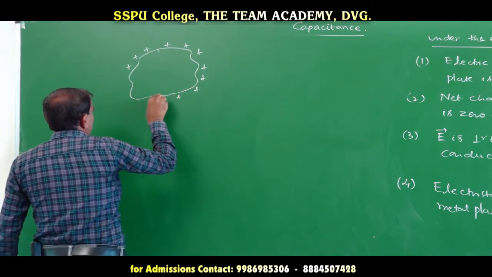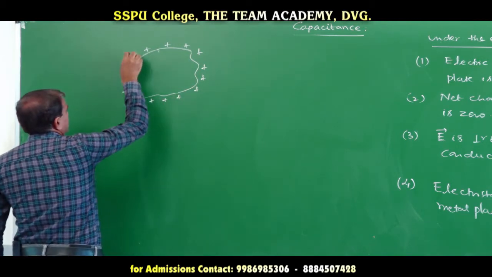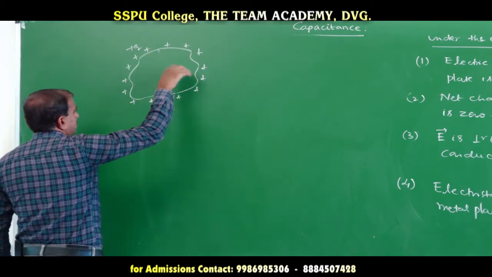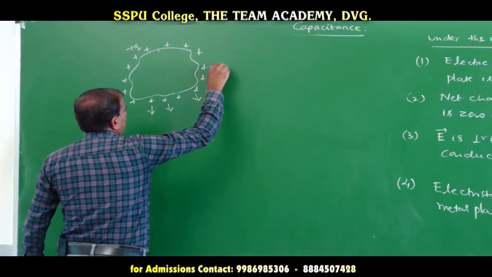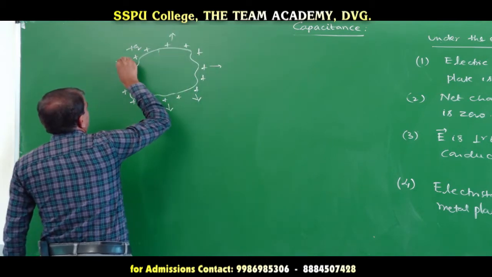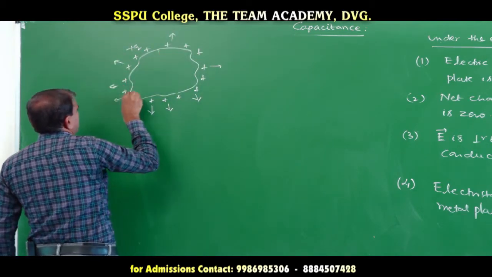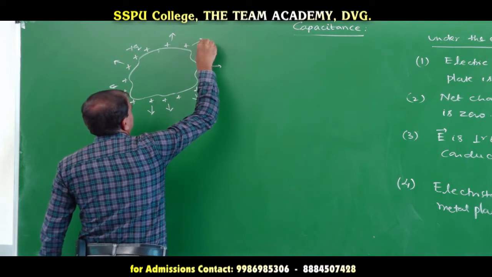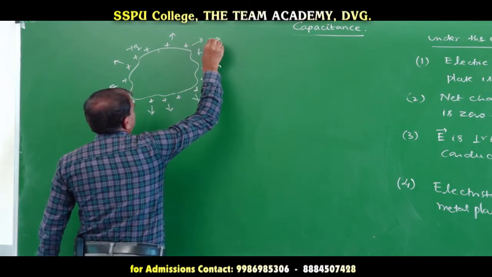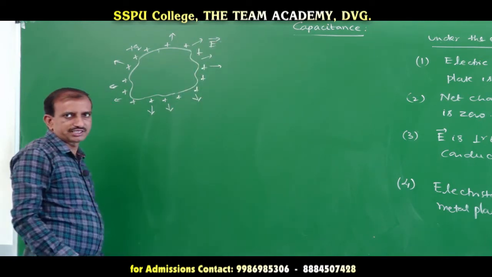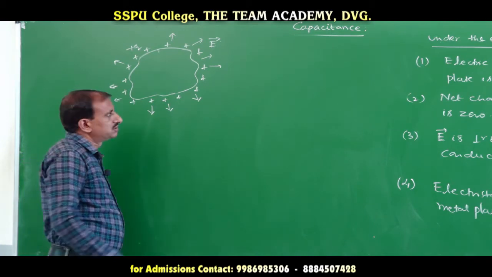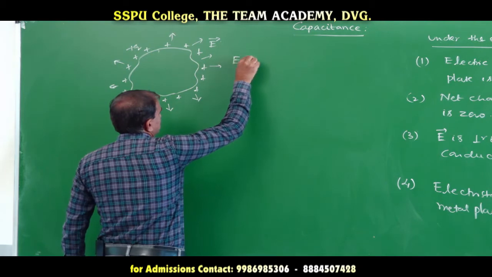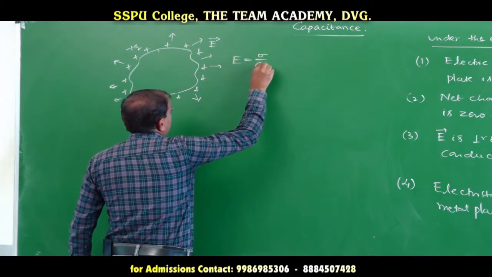Charges are distributed on the surface of the metallic conductor. Electric intensity is perpendicular to the surface of the metallic conductor. This is the electric intensity near the surface of the conductor: E is equal to sigma by epsilon naught.